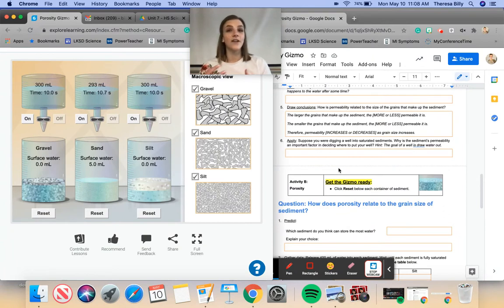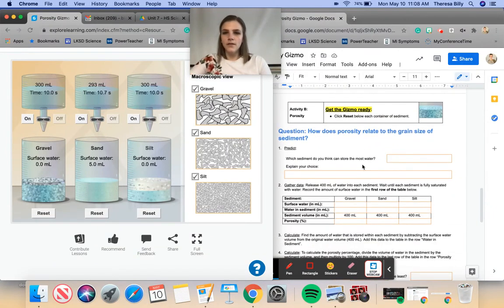Water doesn't move very easily when the particles are that small. But if you're drilling a well in an area with maybe gravel and a little bit of sand, you'll probably see a lot of water output compared to silt, just because gravel is much more permeable. It lets water flow through it easier. All right, take a moment, make sure you have activity A filled out.